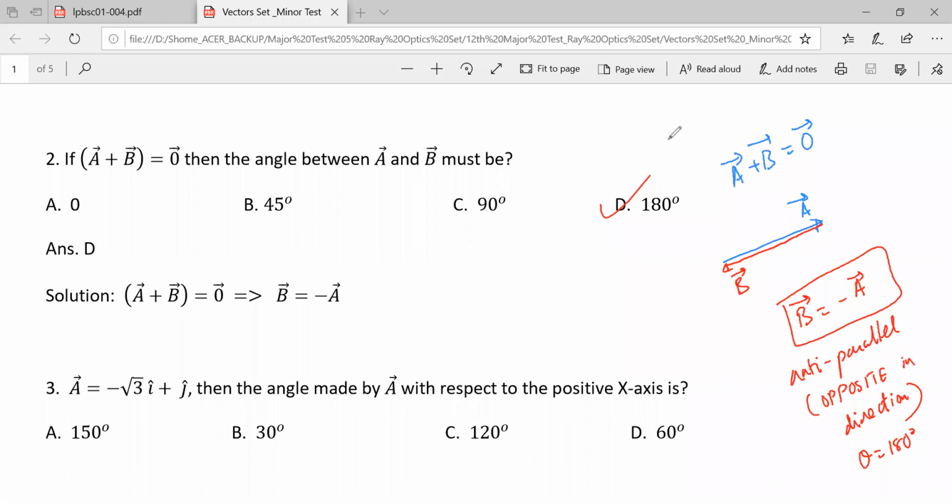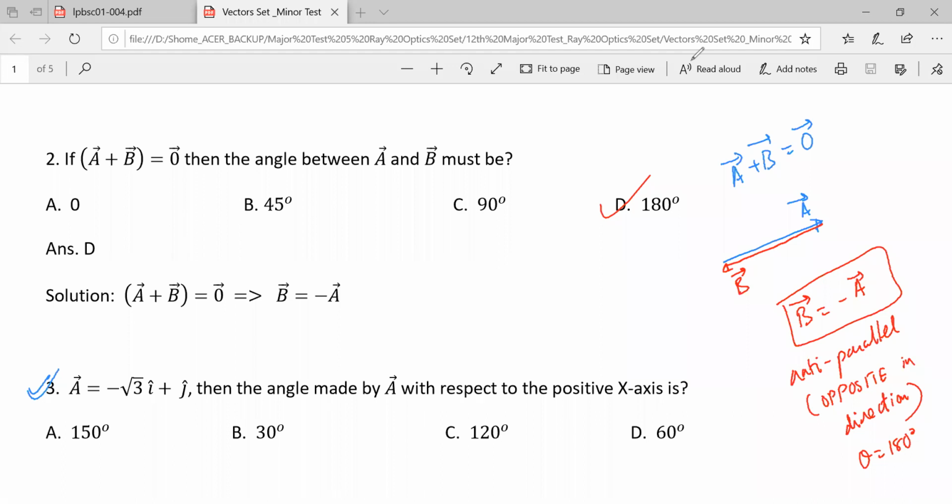Okay, now try out the third question yourself. We have done a similar exercise just now. Just try this. Yes, that's correct.